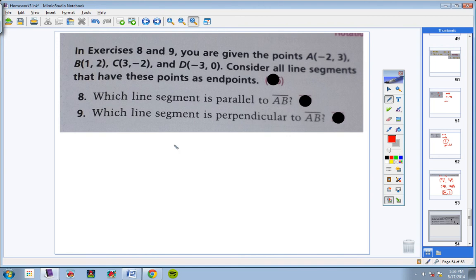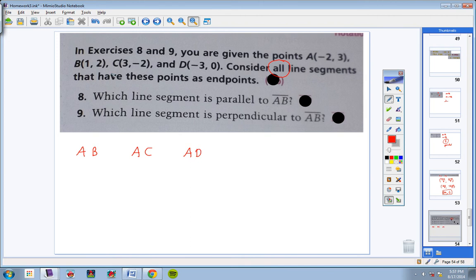Okay, let's take a look now at numbers 8 and 9. The directions read, we are given these following points, A, B, C, and D. Consider all, emphasis on the word all, consider all line segments that have these points as endpoints. So what that means is I have to consider segment AB, segment AC, and segment AD.